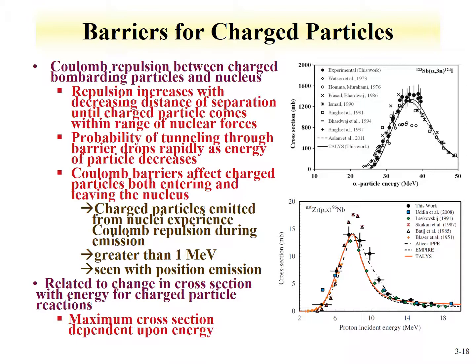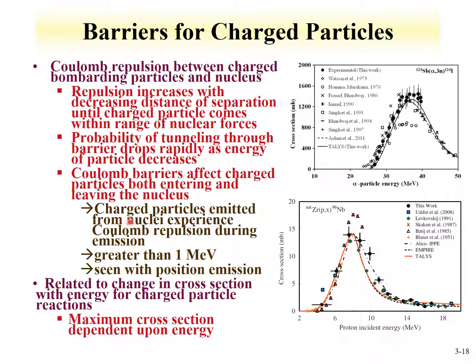Coulomb barriers can also have an influence on the excitation functions that are observed experimentally. We know that below a certain value we will not get a reaction to occur. Coulomb barriers have an influence on the minimum energy that's needed, as we discussed earlier, but they are also going to affect the charged particles exiting the nucleus, not only entering it.